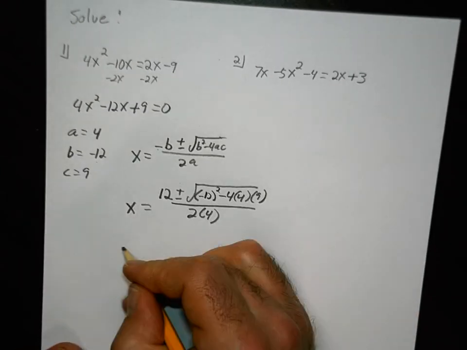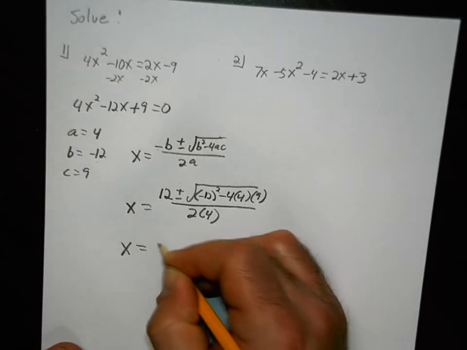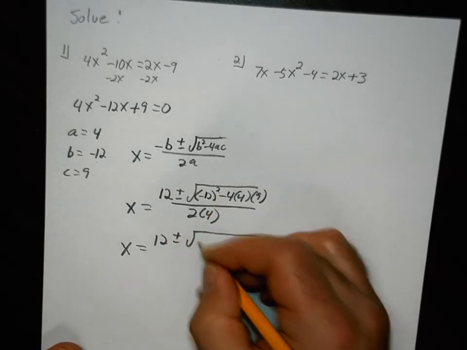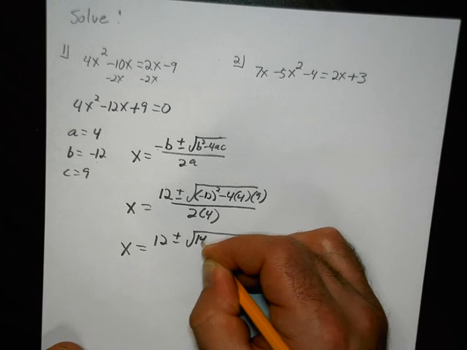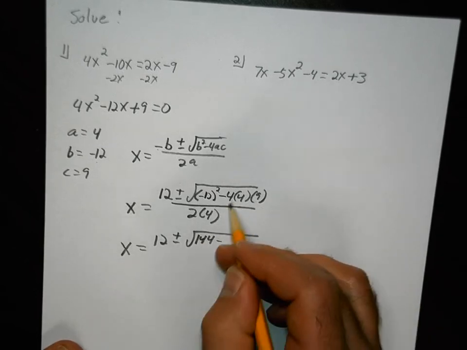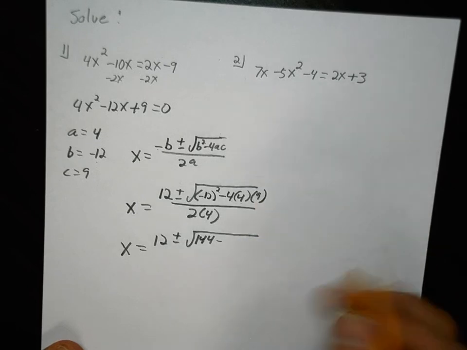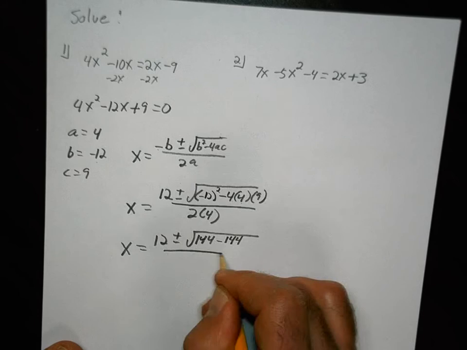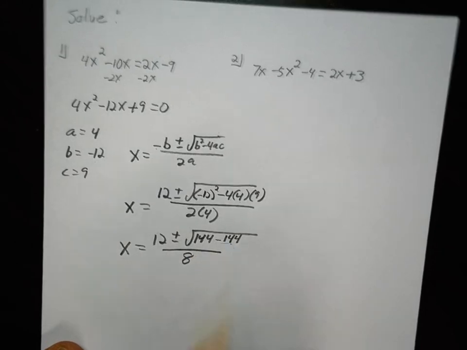Let's see what we get here. Negative 12 squared is positive 144. Negative 4, so this is going to be a minus. 16 times 9 is 144 as well, over 8. Well, that's going to be 0.